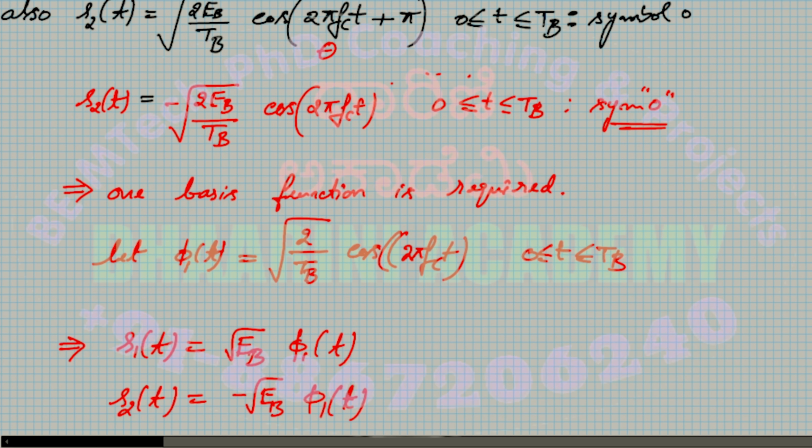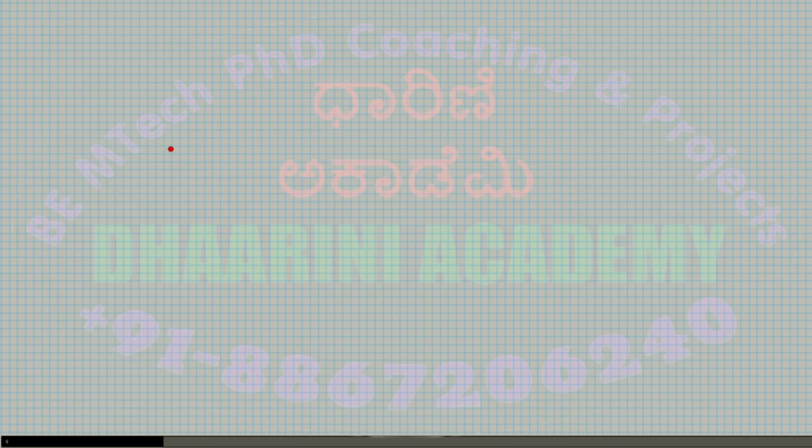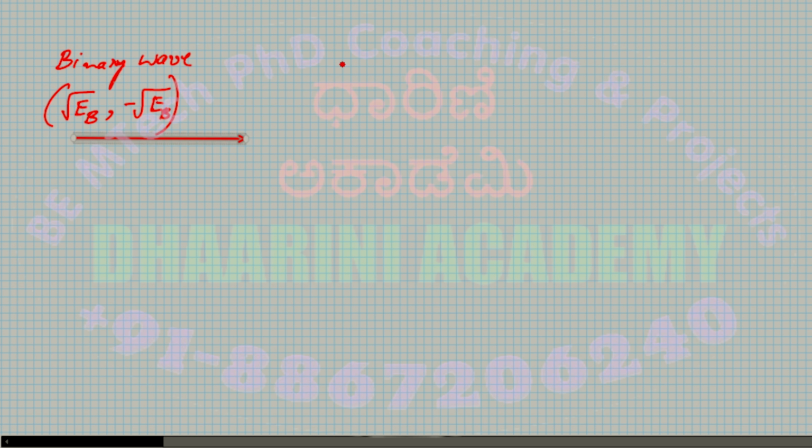Then let me try to write the required block diagram. So how do we generate this? We'll see. On one side, I'm going to start with a binary wave, represented either as root EB for 1 or minus root EB for 0, like A and minus A. That itself you take as input and use a product modulator.